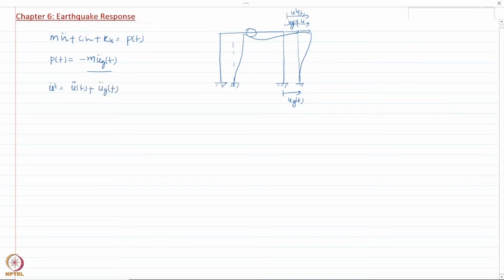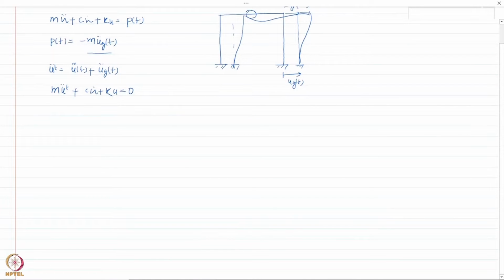Then we substitute in here. The equation of motion is actually written in terms of total acceleration, however, with relative velocity and displacement, equal to 0, considering that there is no external force.